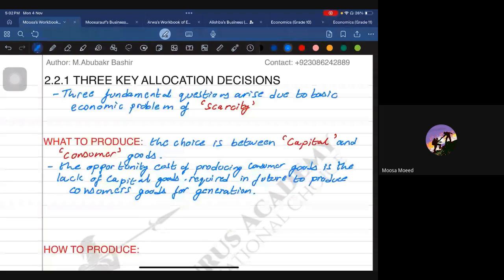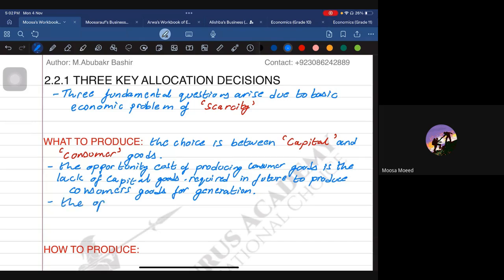But if you are doing that, so it means that you are not making any capital goods, which means कि जो capital goods जिनसे further consumer goods can be produced in the future, तो वो नहीं बनेंगे. तो you are basically sacrificing your future generation for your current generation here.